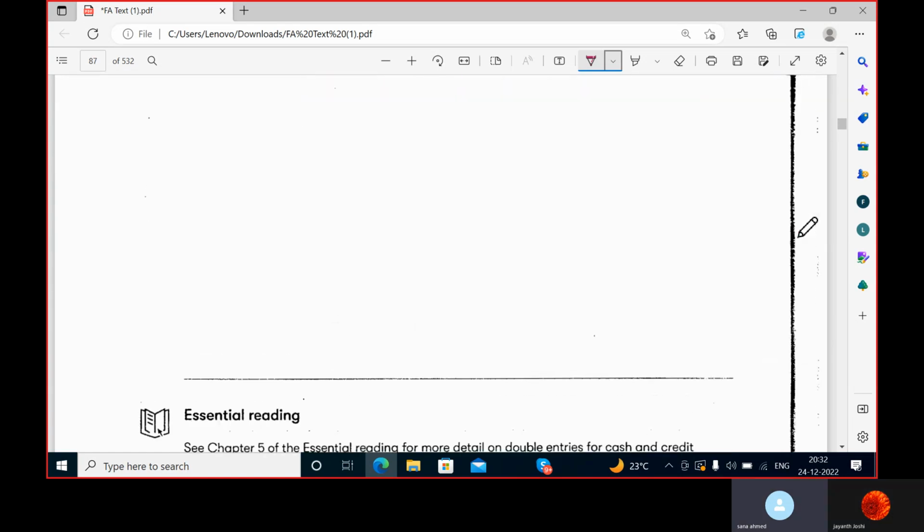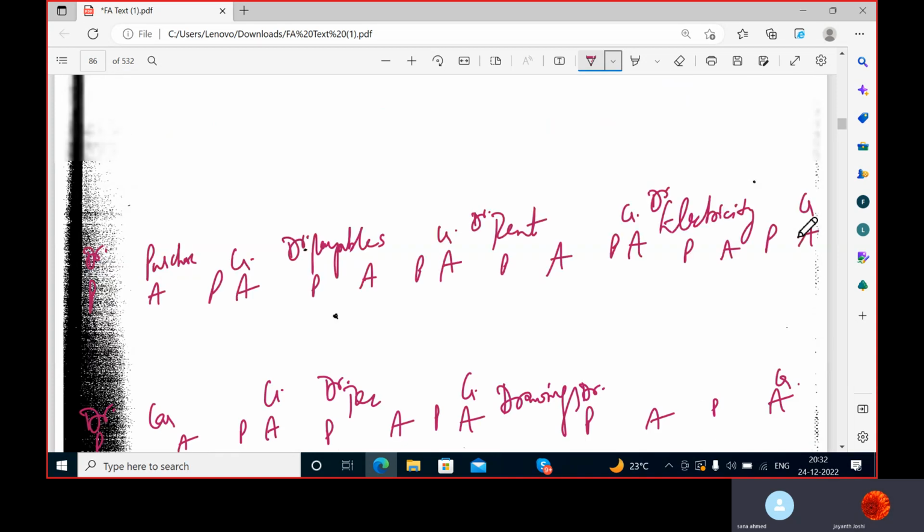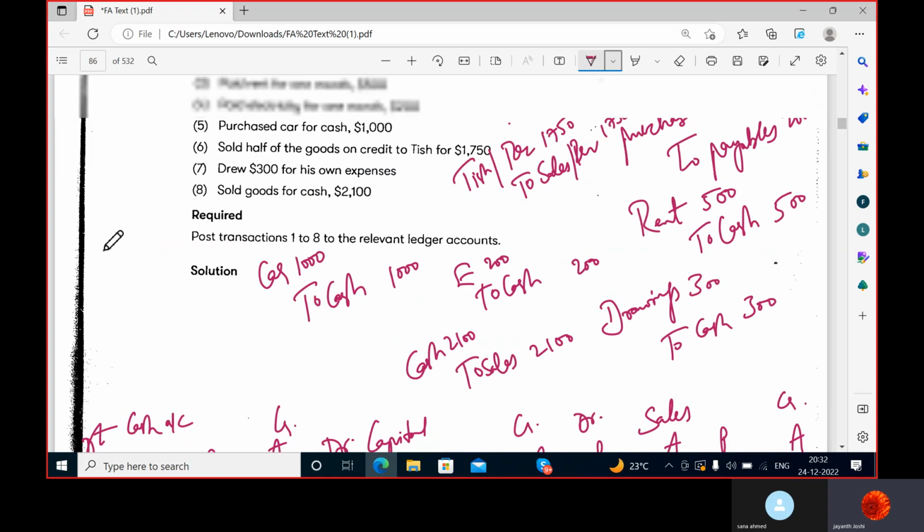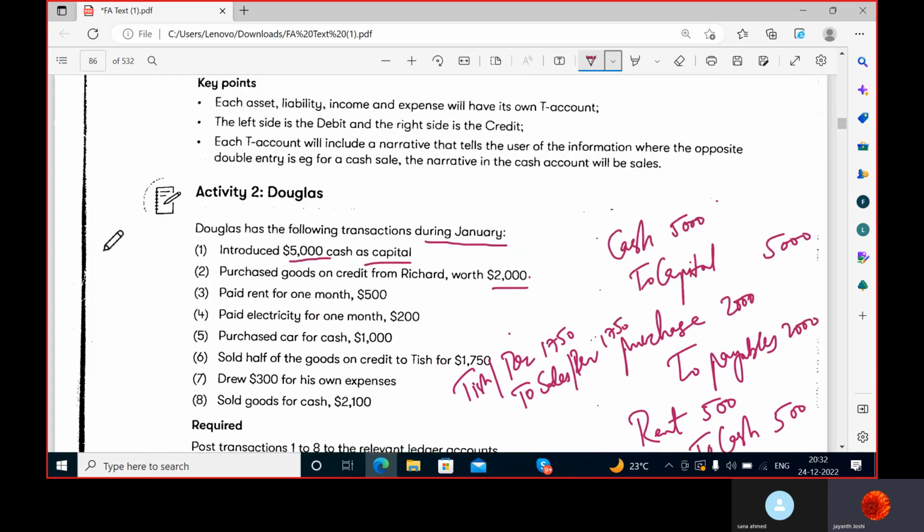So debit is always, whenever I speak about an increase in asset, debit. Am I right? Yes, sir. So I'll put all the increase in cash in debit. How will I know that my cash is increasing?